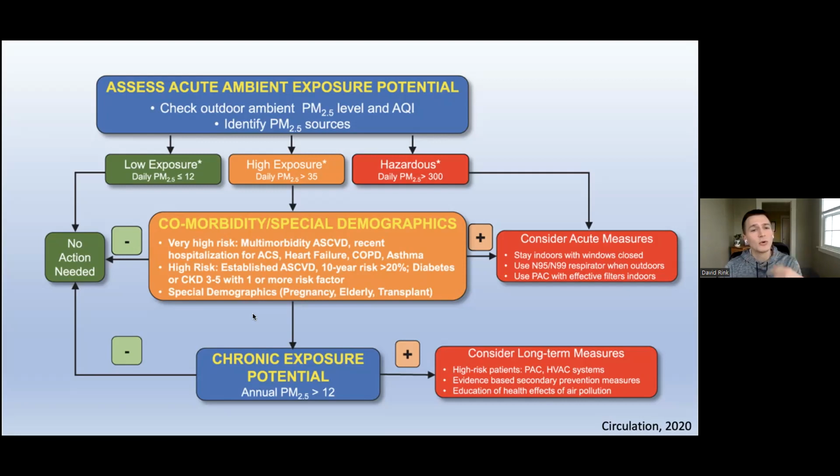And then you also want to layer in this idea of chronic exposure. As we discussed earlier, one single acute event isn't necessarily the only way that air pollution may affect us. So for those who are more vulnerable to air pollution, or who are going to be exposed on a repetitive basis, you might think about employing long-term mitigation strategies.